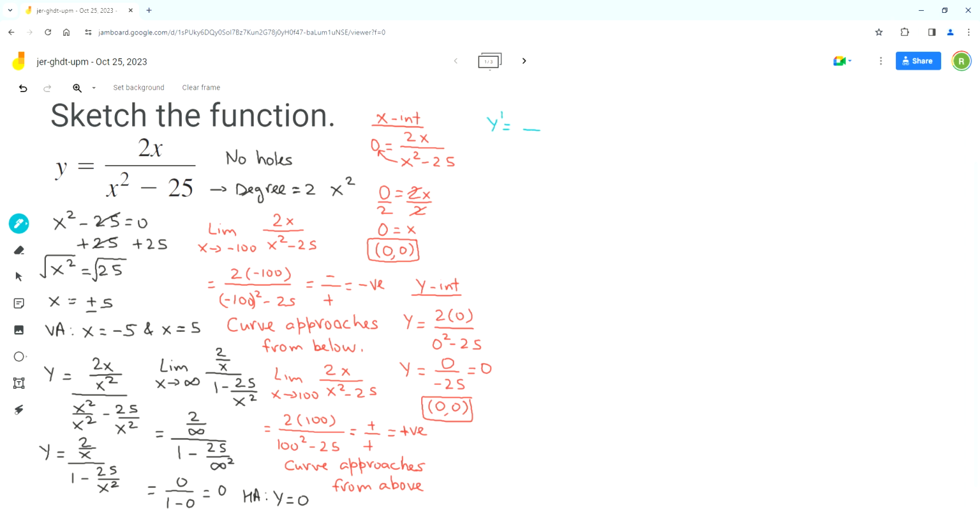As per the quotient rule, we start with the derivative of the numerator, and the numerator is 2x, so its derivative will be just 2, times the denominator, minus the numerator expression, times the derivative of the denominator. The derivative of x squared is 2x, and the derivative of 25 is 0 because 25 is a constant, divided by the square of the denominator.